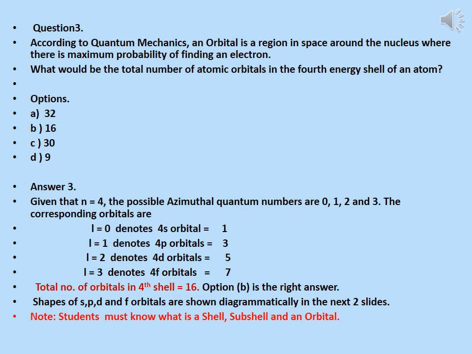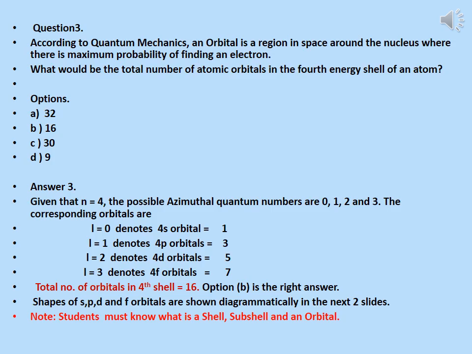4pz. Similarly, when L is equal to 2, it denotes d orbitals. The d orbitals in the fourth shell may be filled with electrons or may not be, but there are 5 different types of d orbitals: dx square minus y square, dz square, dxy, dyz and xz.